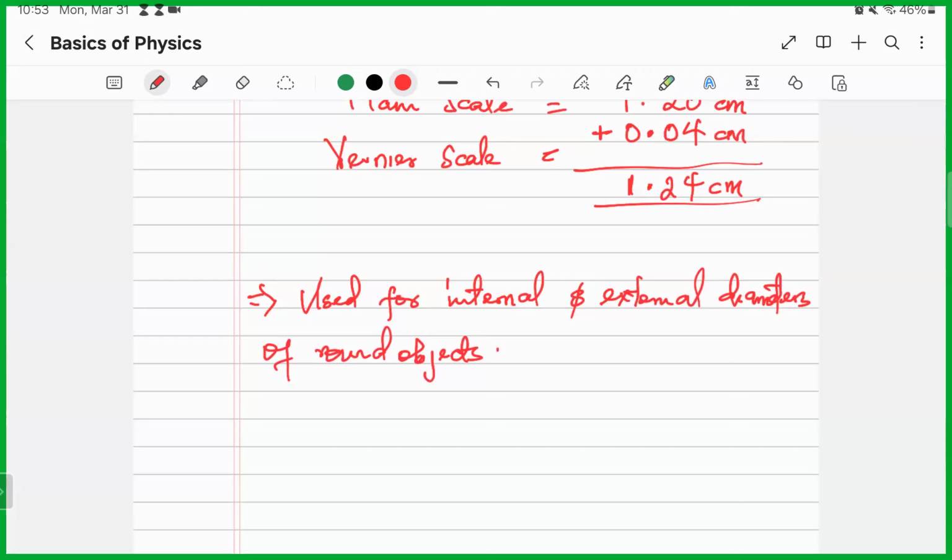Let's say it this way: it measures 2 decimal places in centimeter.